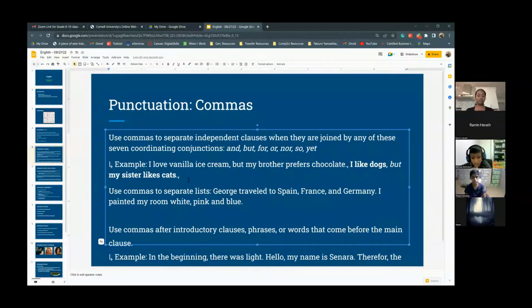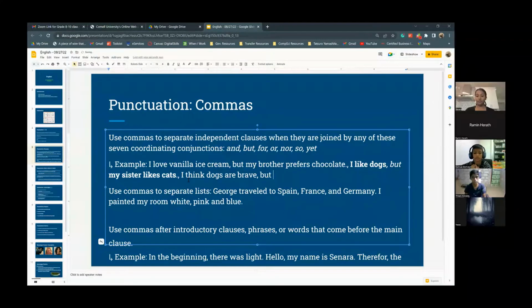So in his example, it would be: I think dogs are brave, comma, but, which is our comma and conjunction. You can see that these two can be their own separate sentences.